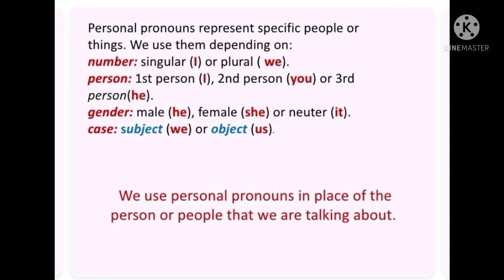We use them depending on number, singular I or plural we, person, first person I, second person you, or third person he, gendered male he, female she, or neuter it, case subject we or object us. We use personal pronouns in place of the person or people that we are talking about.